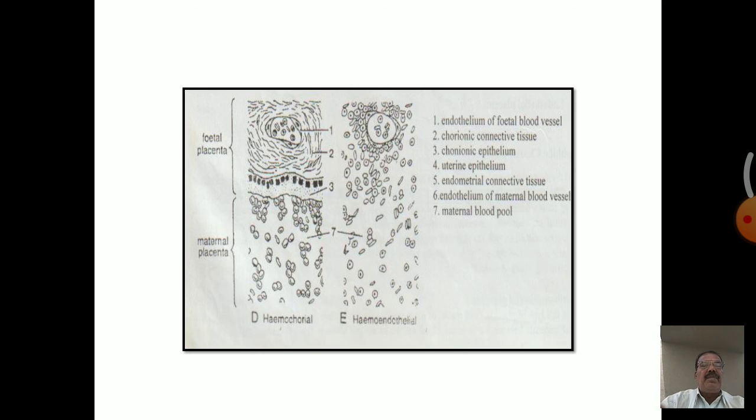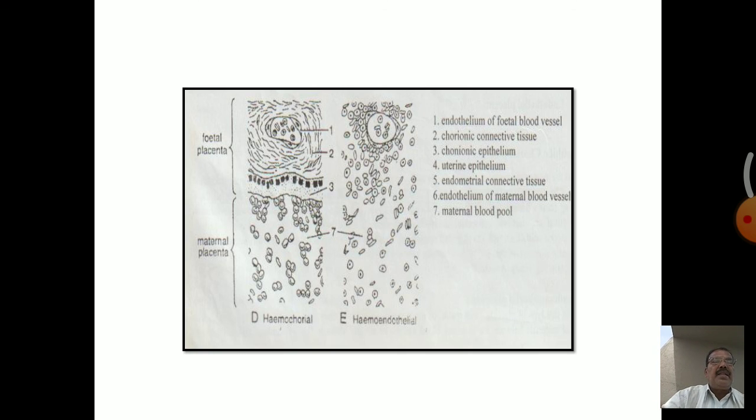Three membranes are present in the maternal placenta. So fetal placenta consists of chorionic epithelium, chorionic connective tissue, and endothelium.